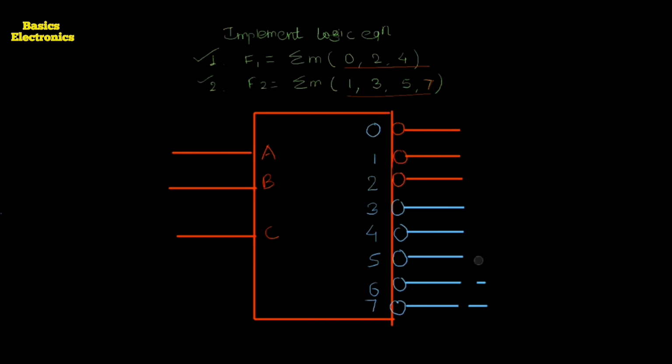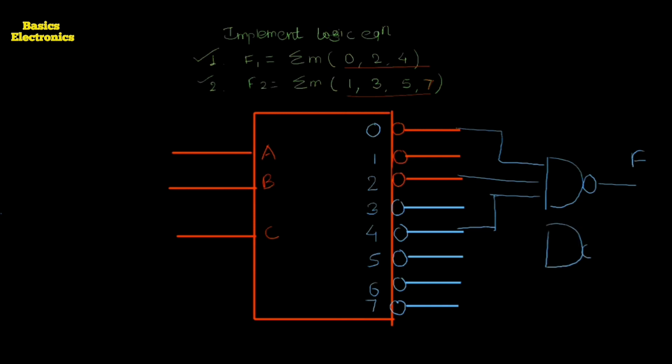After this, we have to connect the given lines as inputs of the NAND gate. Here it is the NAND gate. For F1, we connect line 0, then the second line, and the fourth line to the first NAND gate. Then one more NAND gate we require to use, and that NAND gate has the output F2.